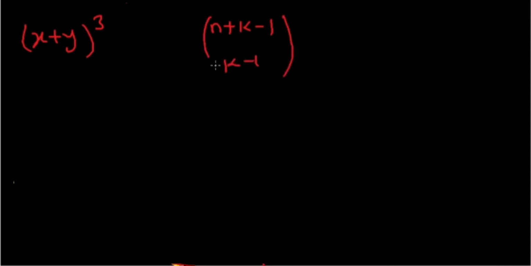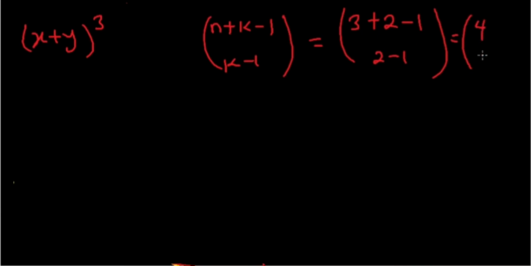So my power, which is 3, is n. So I have 3 plus the number of terms k, that's 2, minus 1, combination 2 minus 1. And that will be 4 combination 1, and 4 combination 1 is 4 factorial over 3 factorial 1 factorial.